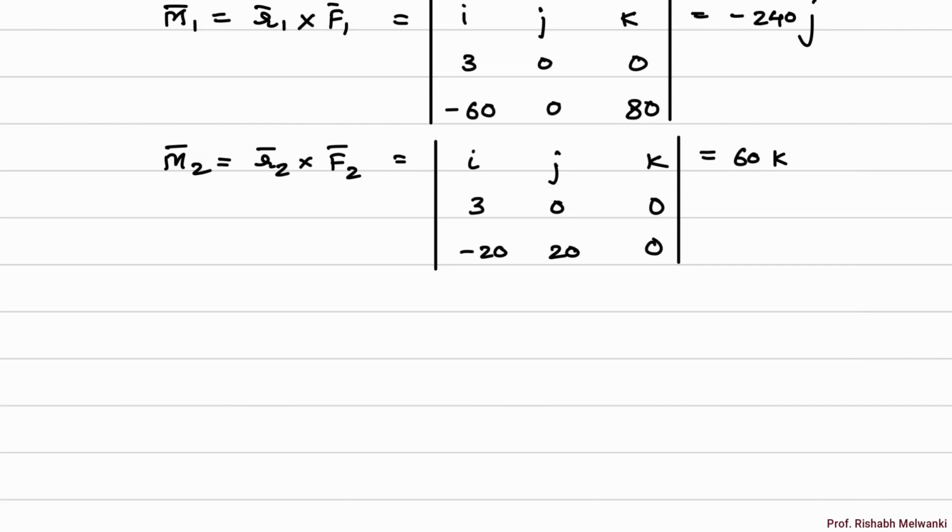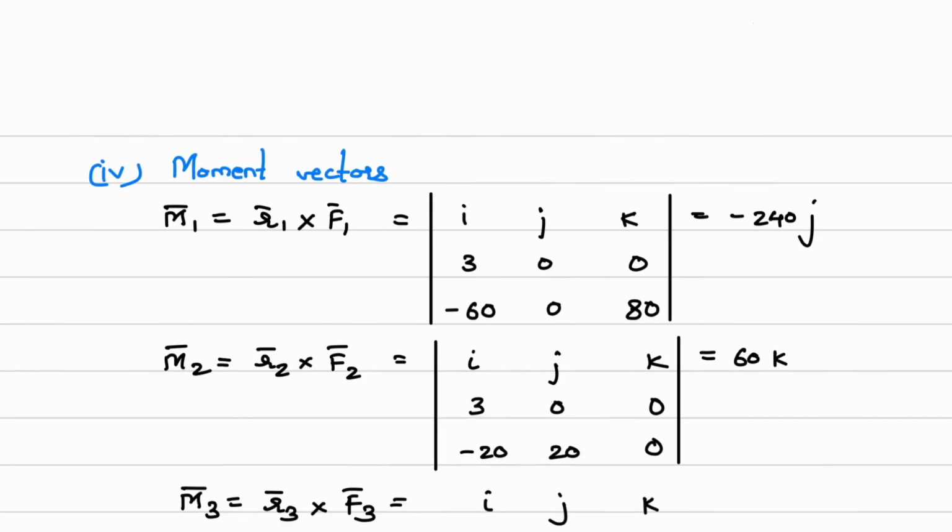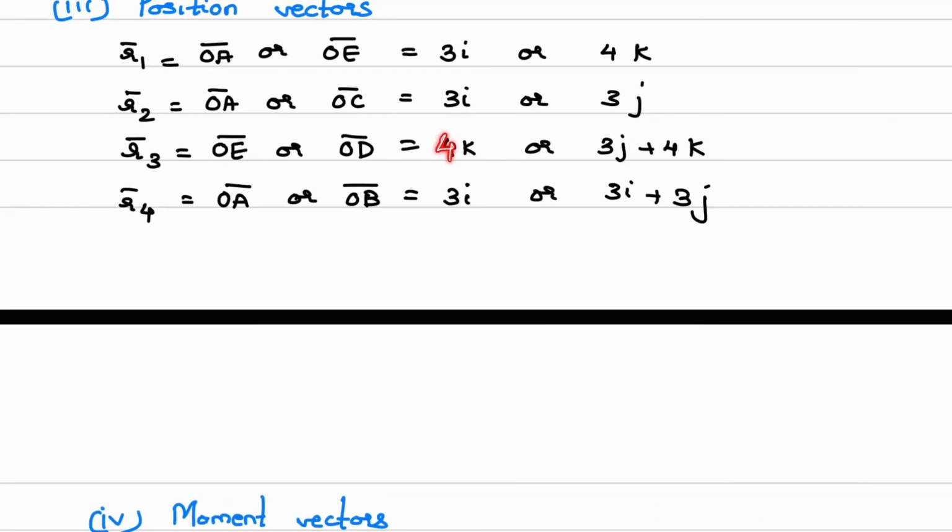Next, moment vector 3: position vector of force 3, cross product of force vector. Position vector 4k is given, right? So i and j are 0, so 0 0 4.